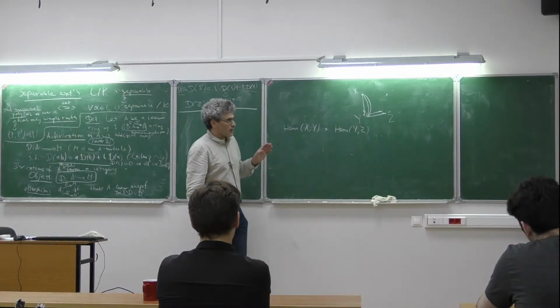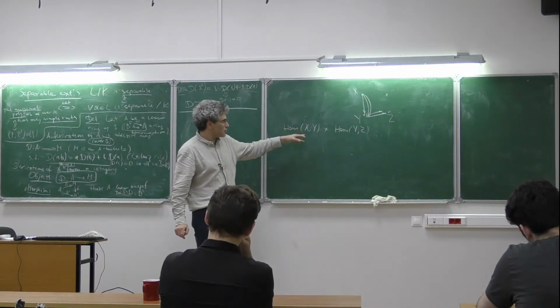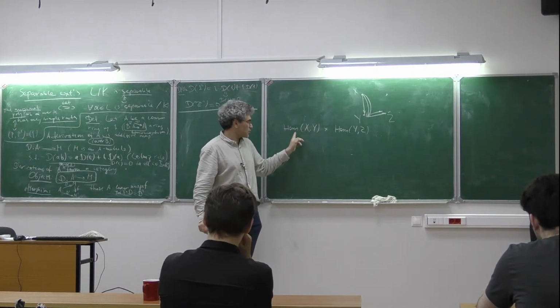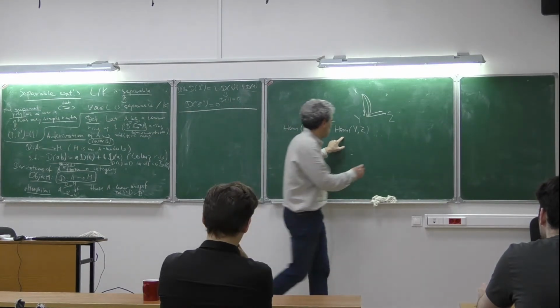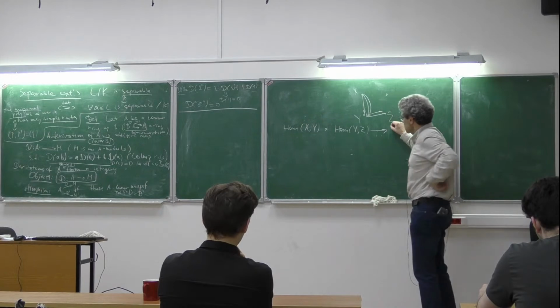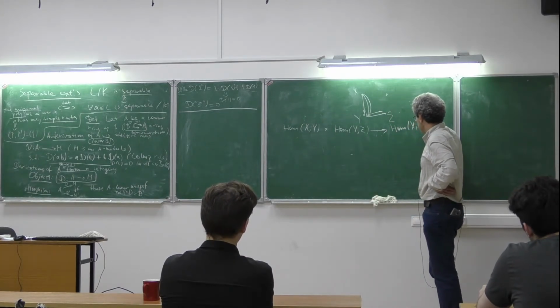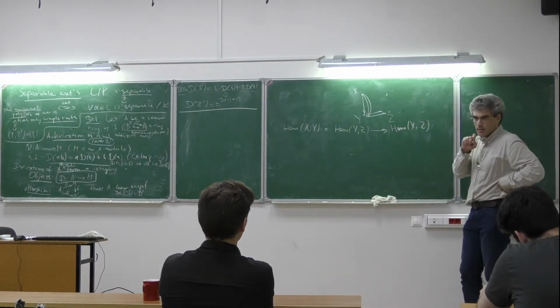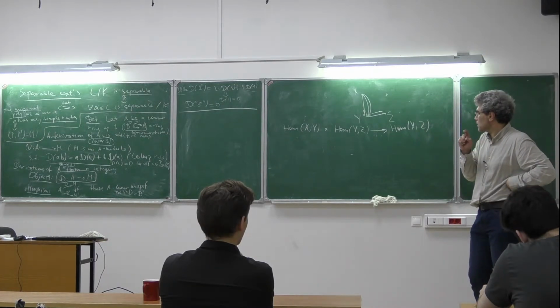Then category means that you have what is called composition. It's a map from the direct product of these two sets to the set of morphisms from x to z. Also, there are identity morphisms for all objects.